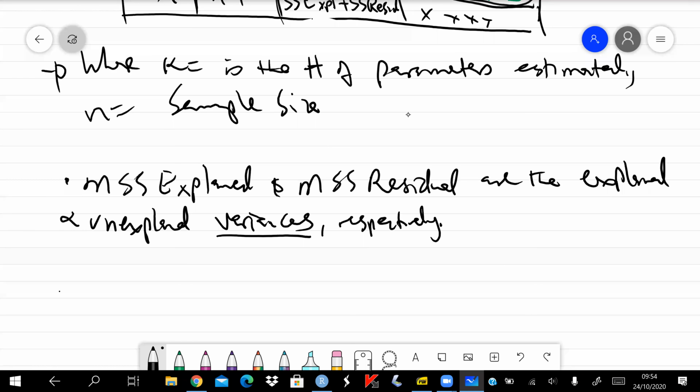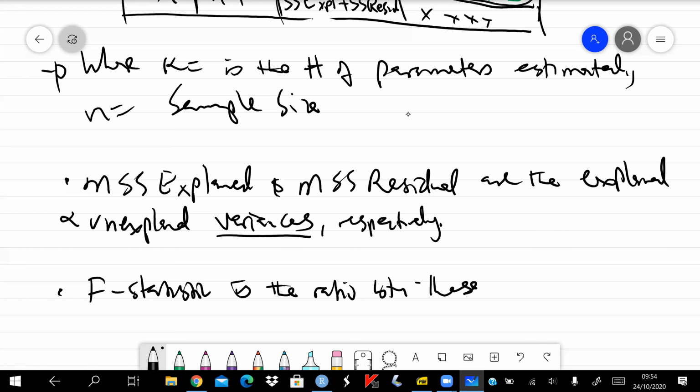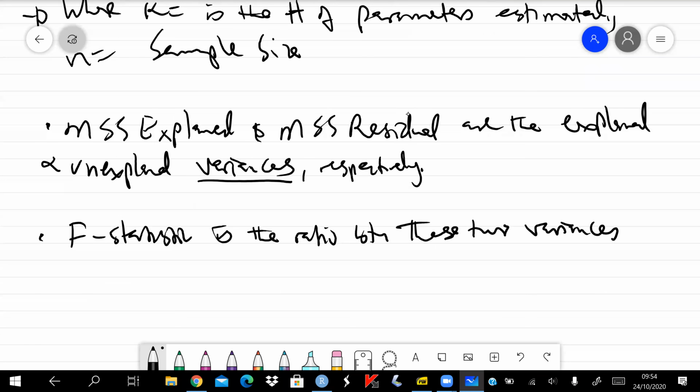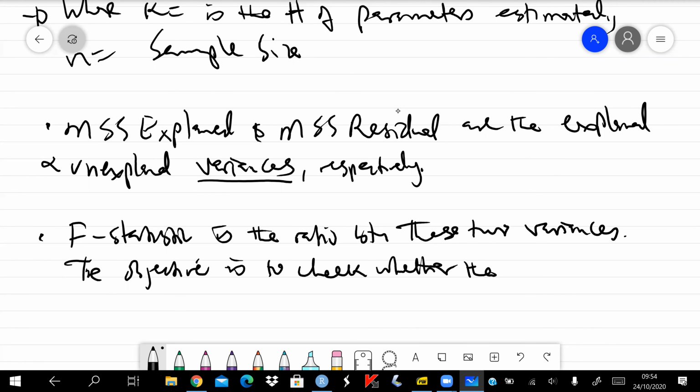Then the F statistic is the ratio between these two variances, and we say that the objective is to check whether the ratio is greater than 1.